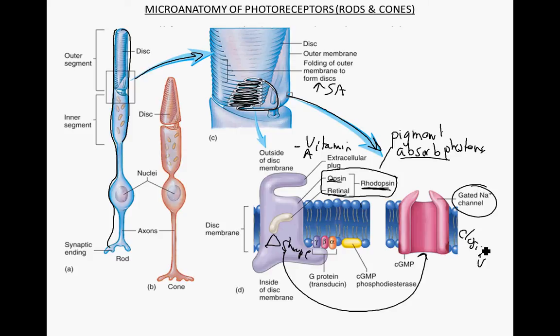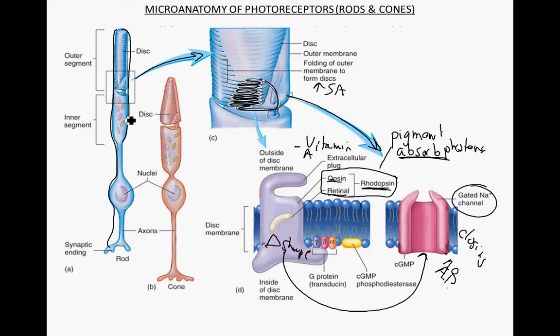In the cones, the sodium channels will open. But let's go back and look at this again. As the pigment rhodopsin absorbs light, it changes shape, and that shape change will close these sodium channels. If you close sodium channels, you send no action potentials; you don't depolarize this cell to threshold. Well, wait a minute. That means that this cell was already depolarizing.